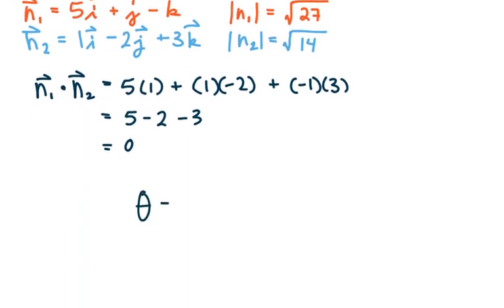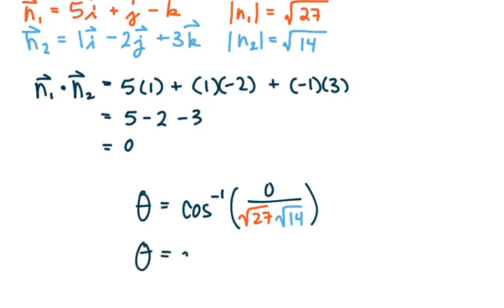So theta equals cosine inverse of 0 over root 27 times root 14. And of course, this problem is nice because that argument simplifies to 0. Cosine inverse of 0, where is cosine equal to 0?